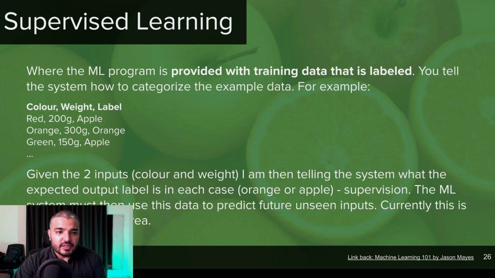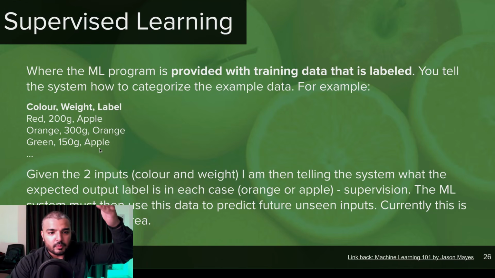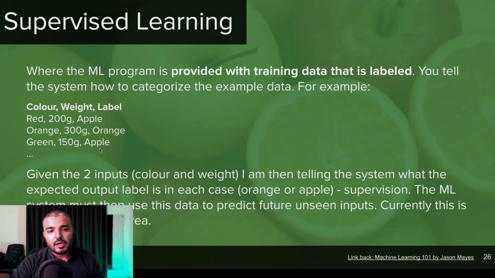So in this particular example, let's say you want to build a model that segregates between oranges and apples. And let's say you provided this data: if it's red, if it's 200 gram, it's an apple. If it's orange, if it's 300 gram, it's an orange. If it's green, if it's 150 grams, it's an apple. So obviously you would be providing a series of data to your model, and you're constantly telling in each row that if this is the color, this is the weight, this is the label.